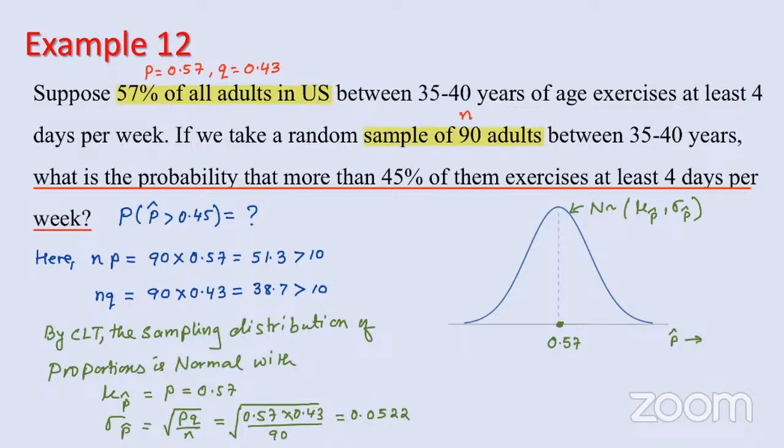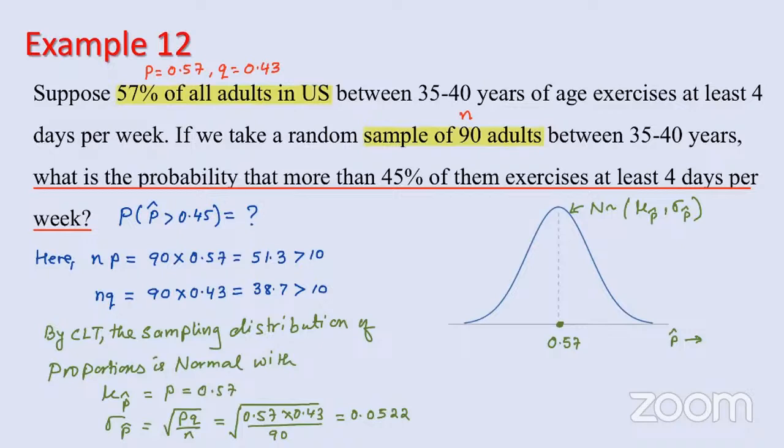Okay, we have everything ready now, right? We have the diagram. We have everything labeled. Now we can easily calculate the probability and answer our question. So the question here is, what is the probability that more than 45% of them exercise at least 4 days per week? So p hat greater than 0.45. That's what we want, right?